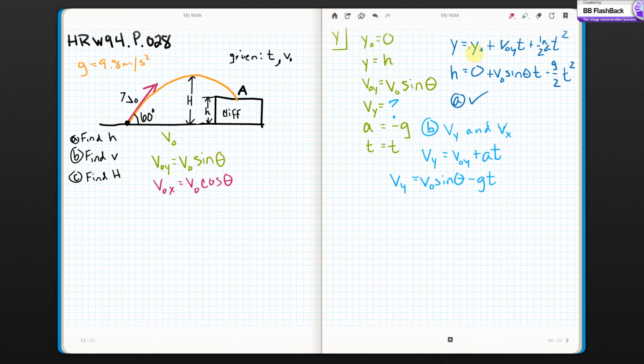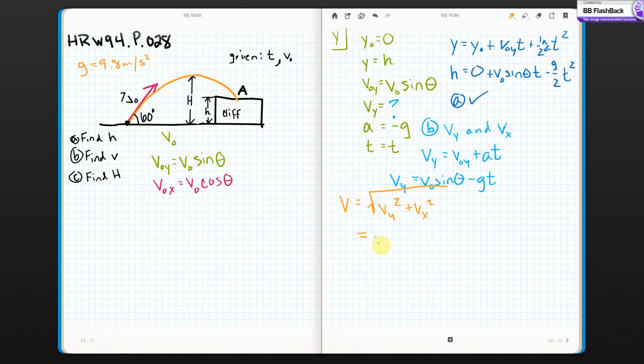Which means that v is, okay, v is the square root of vy squared plus vx squared, where vy squared is this stuff here.